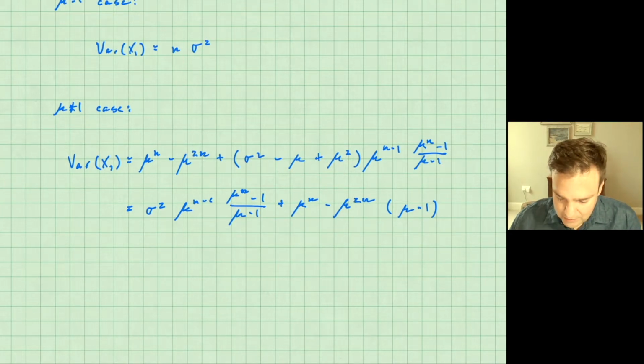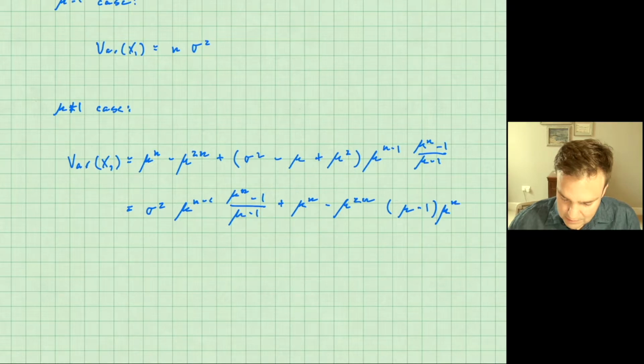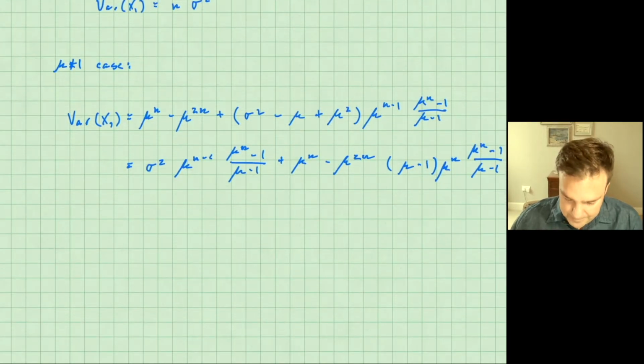So I've got mu minus 1, and I multiply that by this guy here, and I get mu to the n. Right, and then this ratio. Oops, the minus 1 is downstairs. Like that. Okay. So this term stays the same.